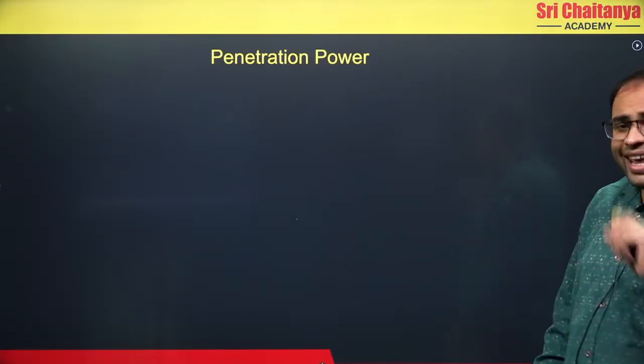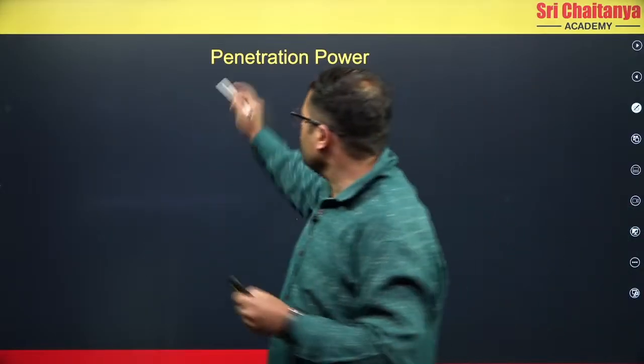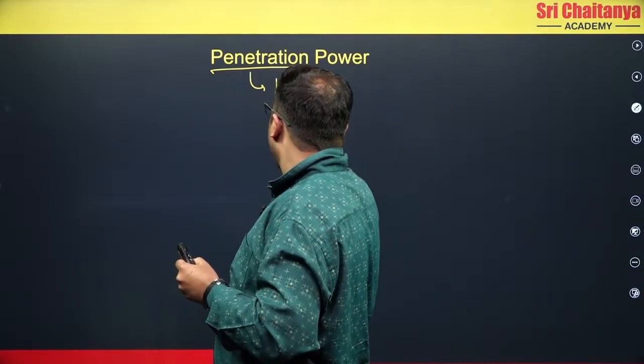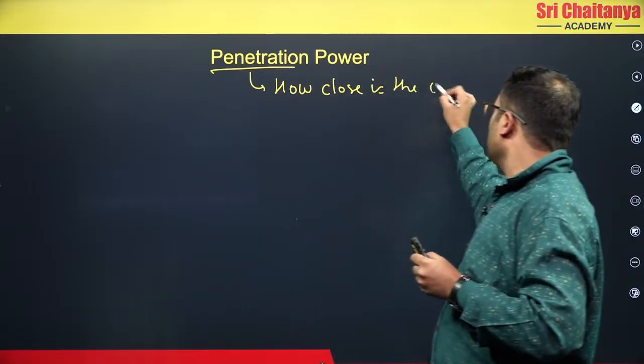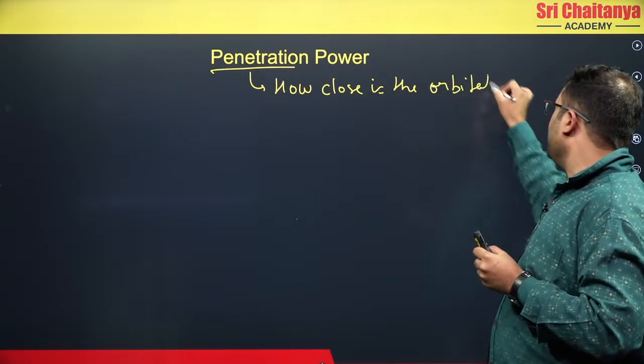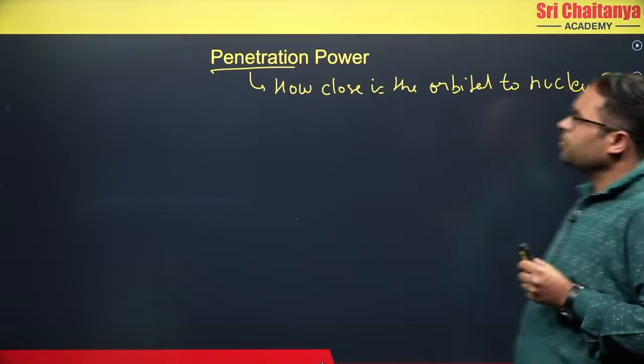Now, next is the penetration power. Penetration simply means how close the orbital is to the nucleus, right?